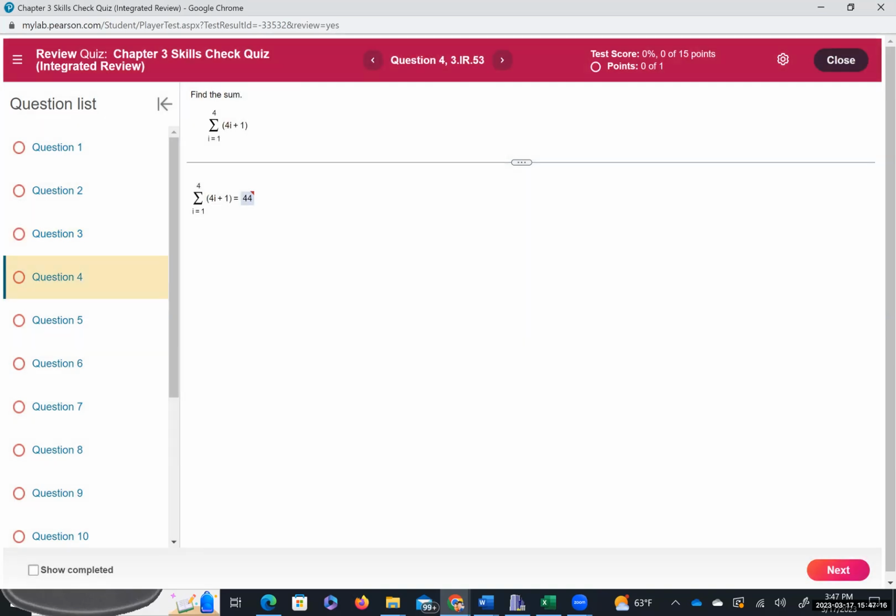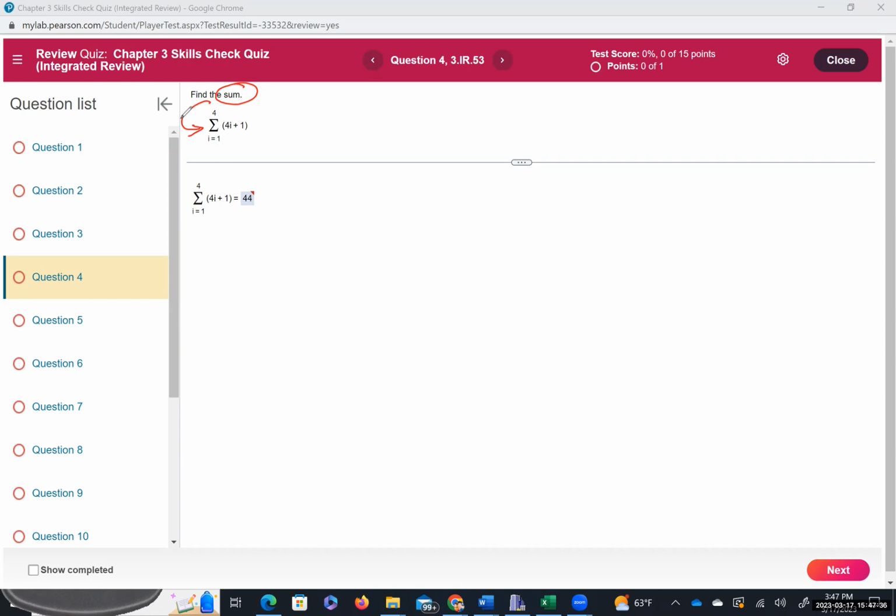Okay, so in this question, you notice that we need to find the sum. This notation here means the sum.